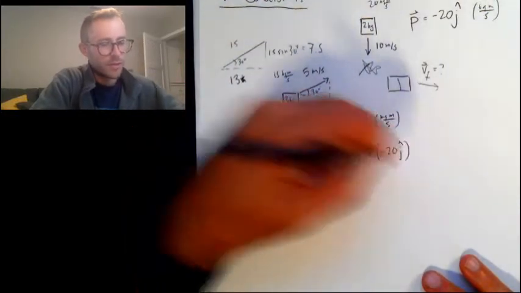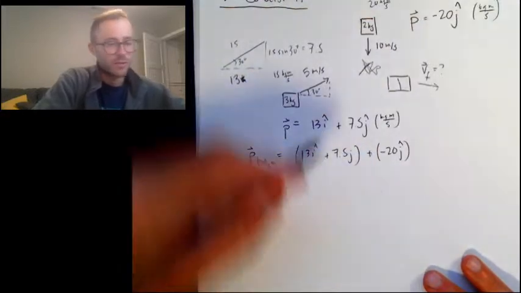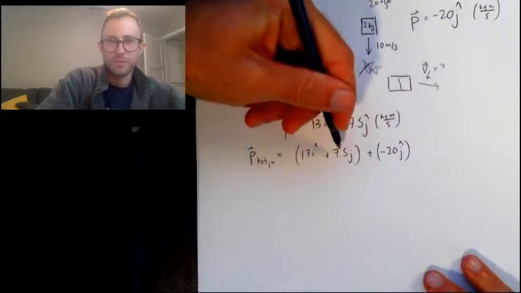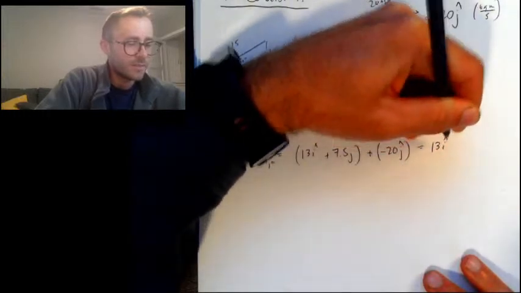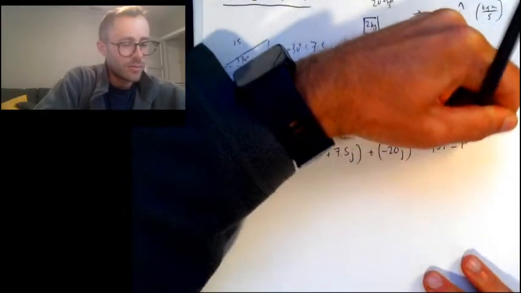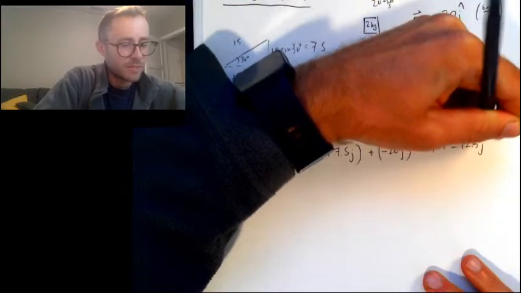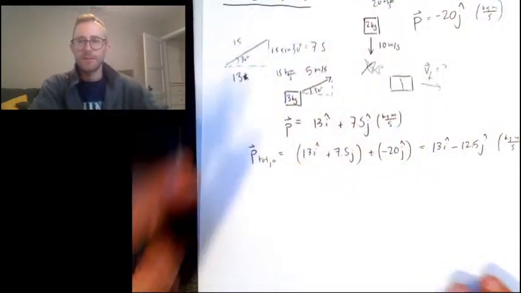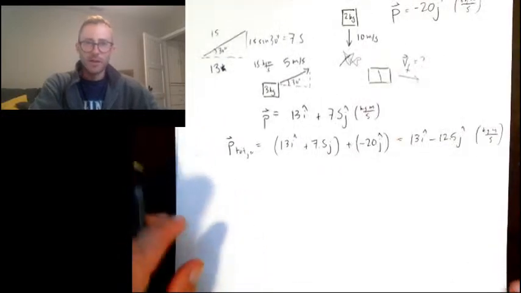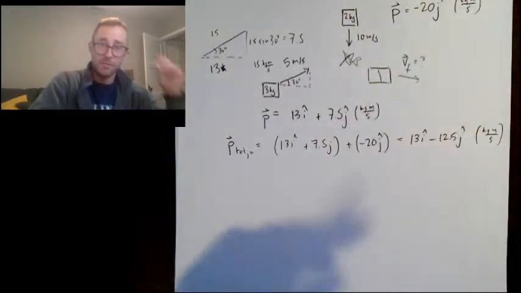So we have to do this vector addition. So I subtract 20 from 7.5, and I get 13i hat minus 12.5j hat kilogram meters per second. Okay? So that is my initial momentum vector.